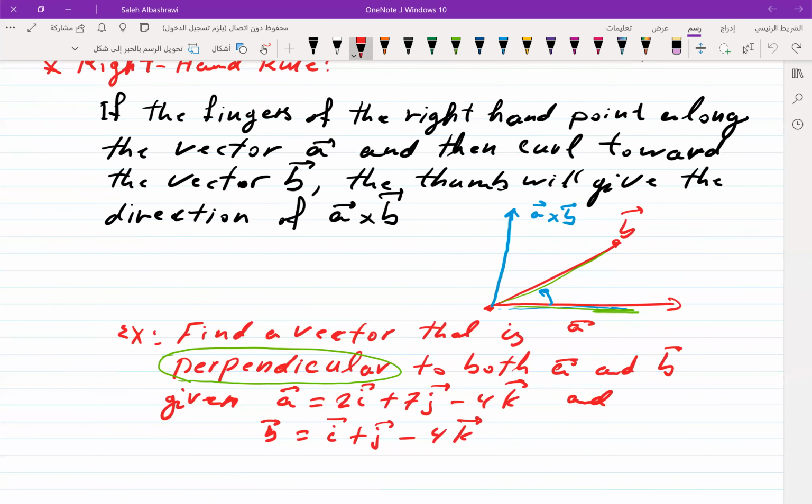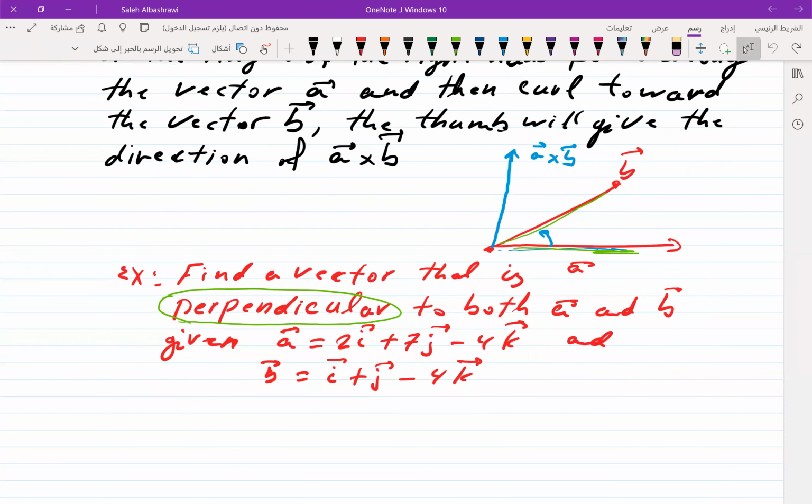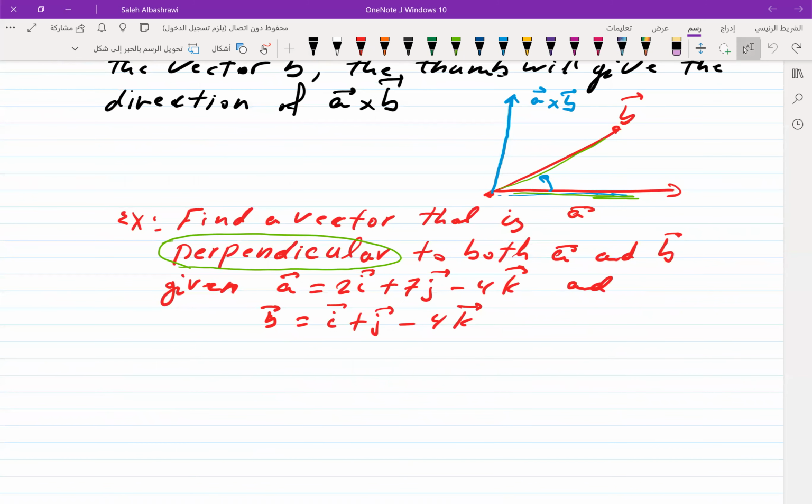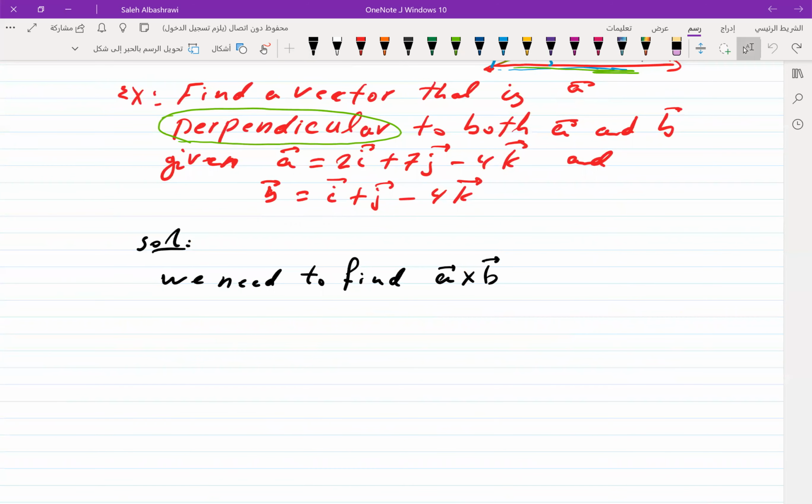So we need to find a vector that is perpendicular to both A and B. It means we need to find the cross product of the two vectors, A cross B.